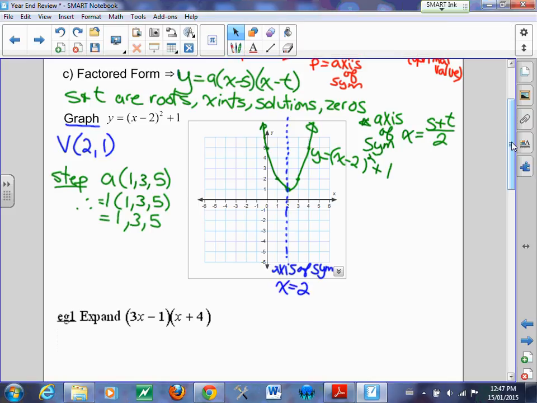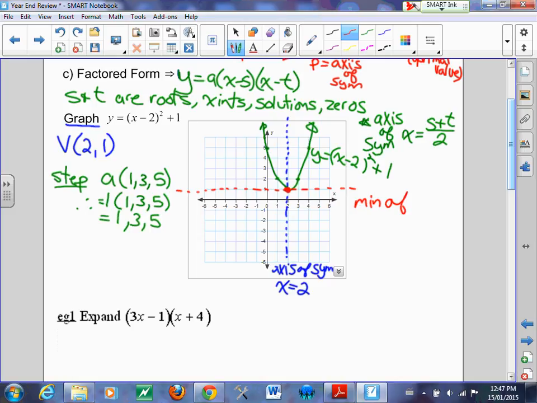If I asked you for the min or max value, you would look at the vertical value where your vertex is. And in this case, is this a minimum or a maximum? Well, if it opens up, ladies and gentlemen, it goes to the bottom, which is a minimum. Okay? So it's going to be a minimum value of where it hits the y-axis, which is going to be 1.